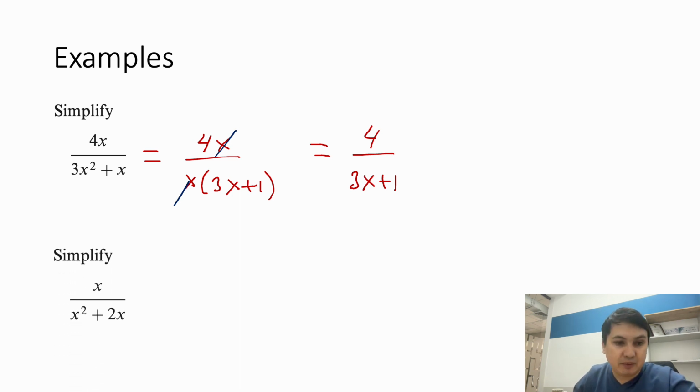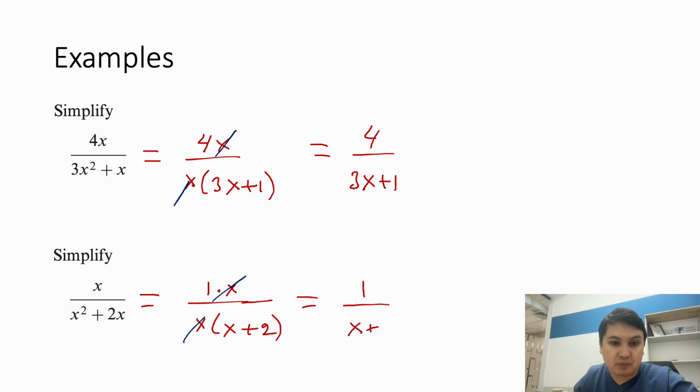Okay, another example. Here I can write the top as 1 times x. At the bottom I can take out x to factorize. I am left with x plus 2 inside brackets, and then cancelling those terms, I have 1 over x plus 2 left.